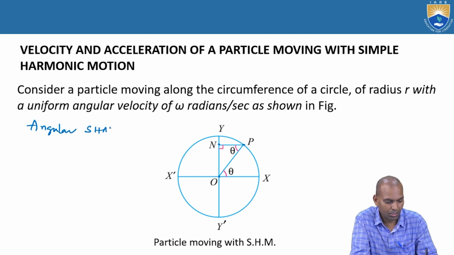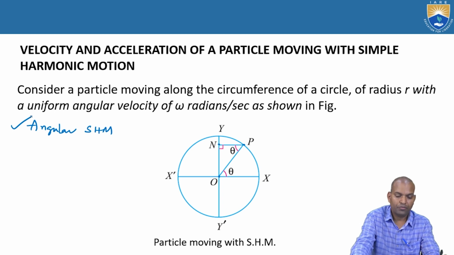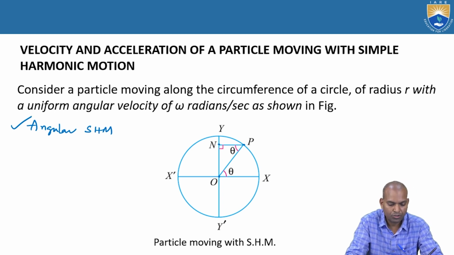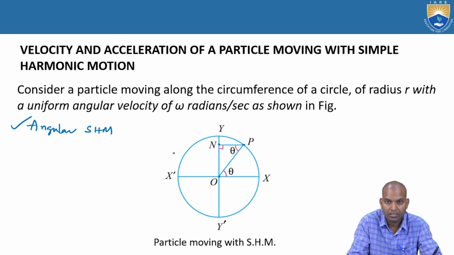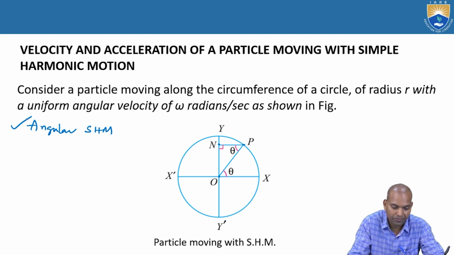We are going to explain the velocity and acceleration of a particle moving in angular direction and having simple harmonic motion, SHM. Then how to derive the expressions for the velocity and acceleration of the particle P.